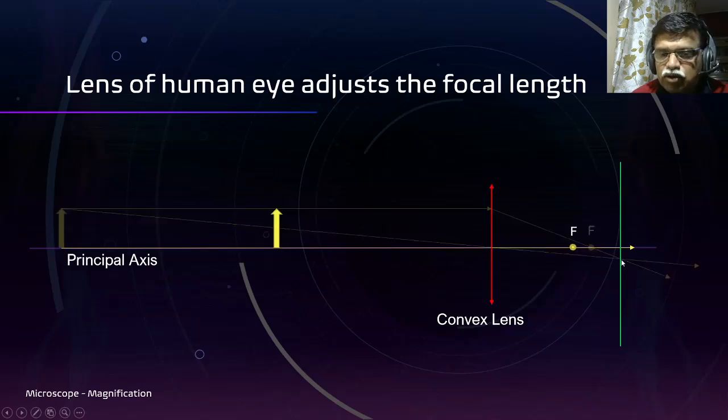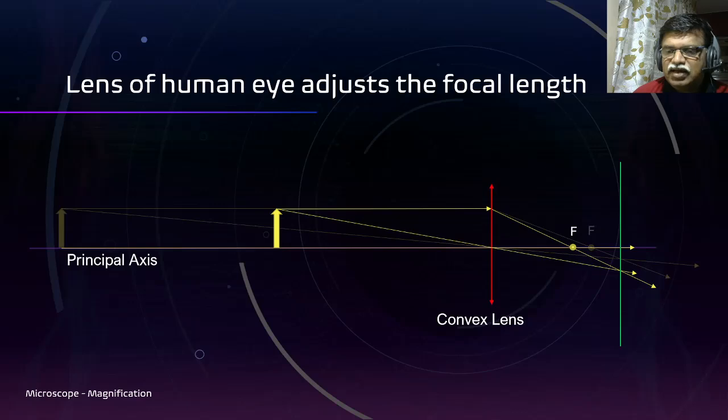If the object comes closer, the focus shifts, so the focal length becomes smaller, and the lens effectively bulges, and again it is adjusted in such a way that the image again forms on the same screen, the retina.